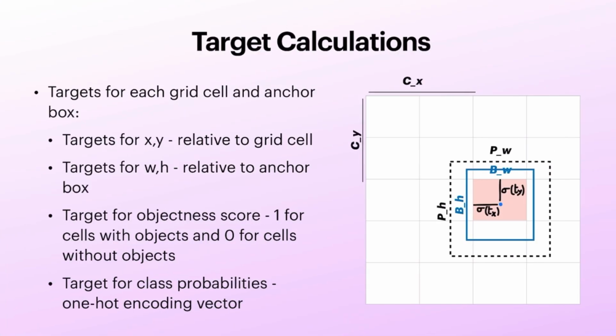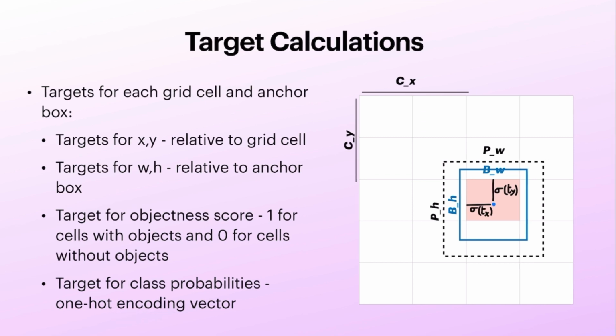And the target for the objectness score is the same: 1 for cells with objects and 0 for cells without objects. And the class probabilities target is always a one hot encoding vector. If you have 20 classes, you create a vector with 20 values and make one as the particular class, others are zeros. That one hot encoding vector is the same as YOLO-V1.